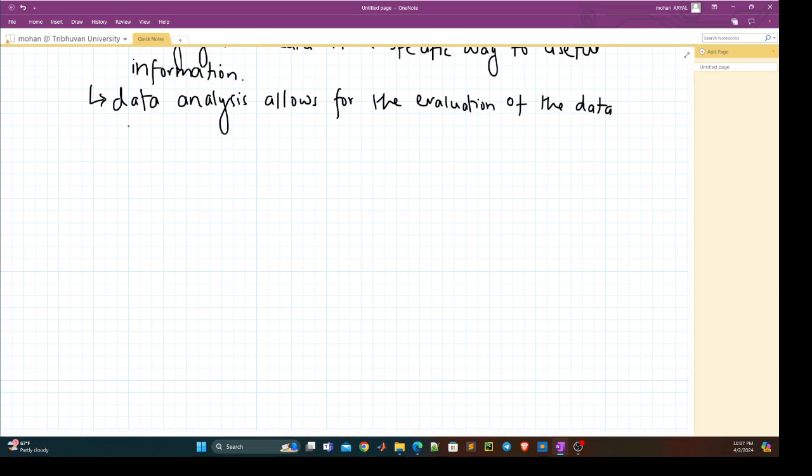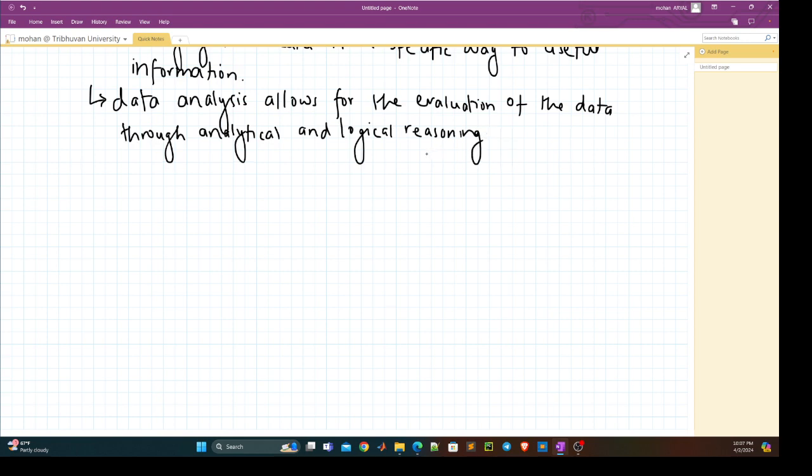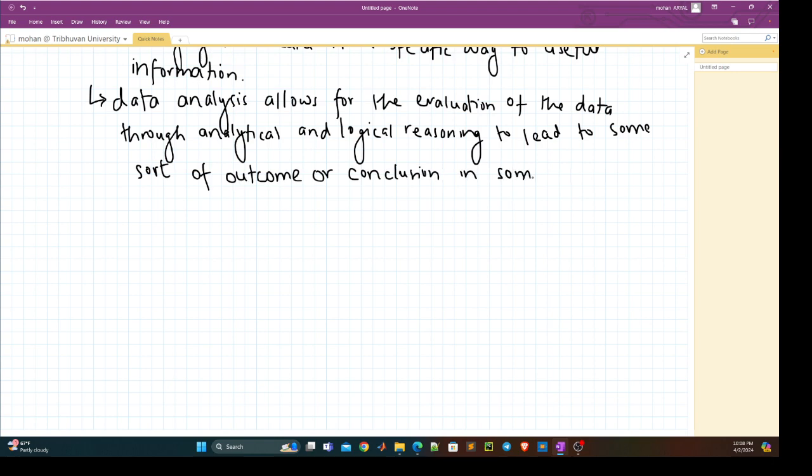Evaluation of the data through analytical and logical reasoning to lead to some sort of outcome or conclusion in some context.